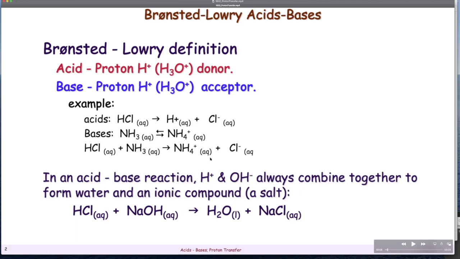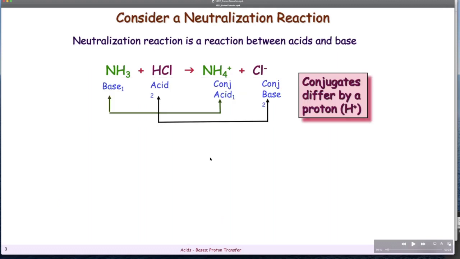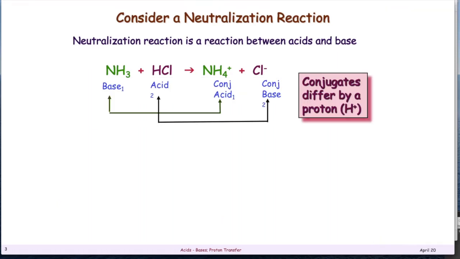So here is that reaction again. And you see how NH3, ammonia, converts to NH4 plus? Well, that just tells you that these two are conjugate pairs, okay? And conjugate pairs always differ by one hydrogen. These two are conjugate pairs as well, and notice how they differ by one hydrogen.